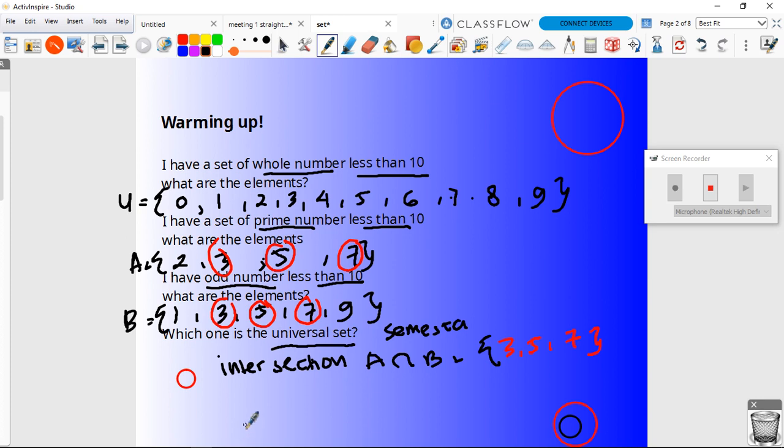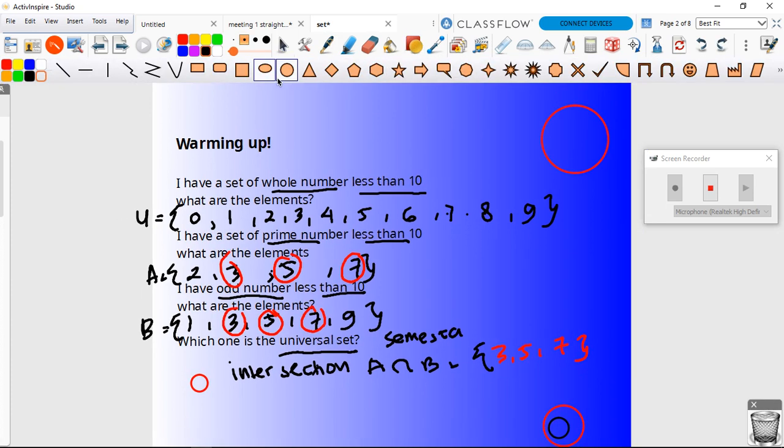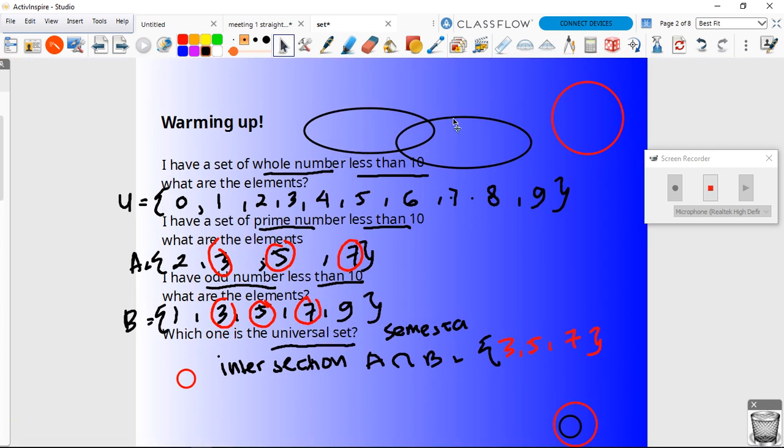And then how can we draw it on the Venn diagram? I will try to draw it here. So here is the first circle for A, and then I will make another circle for B. Move it up.